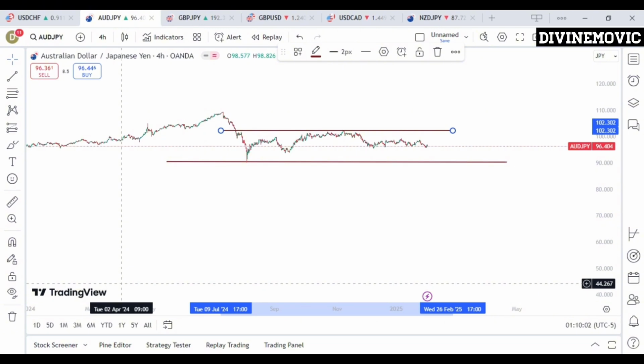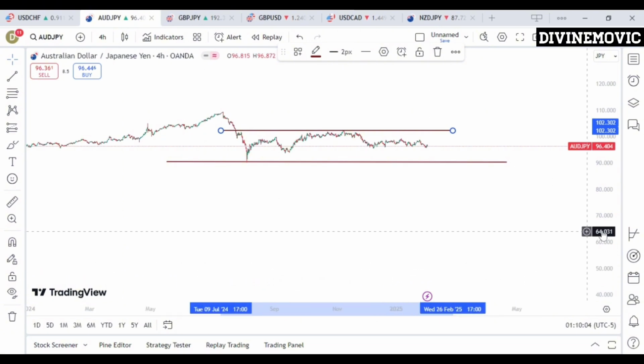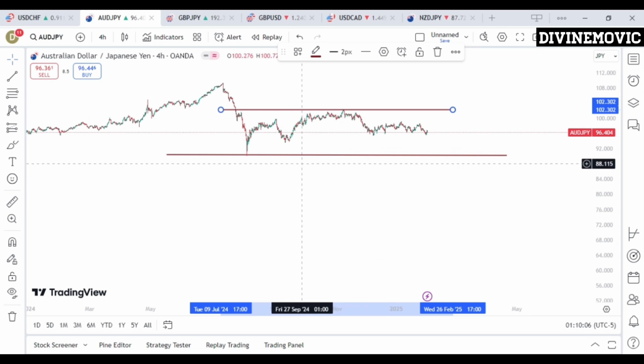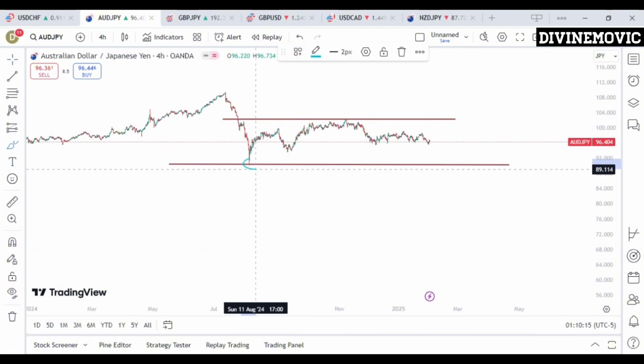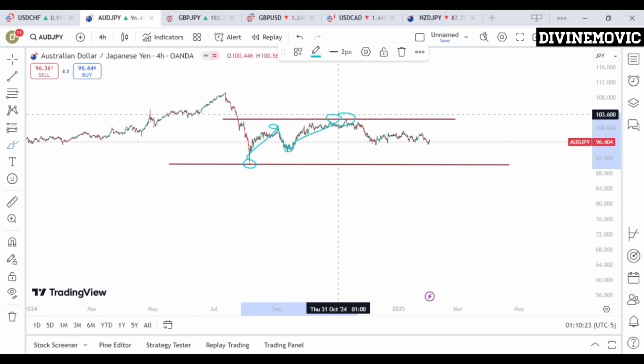For us to identify market structure, we want to simply see how price has behaved since price got to this key level and since price got to this other key level here, right? If you look closely, when price got to this key level here, price gave us a low, a high, a low, a high.